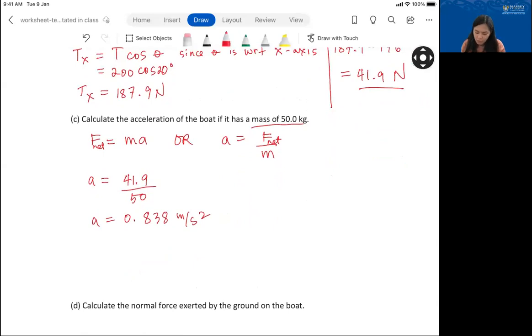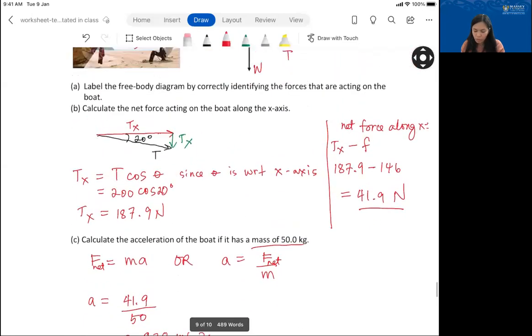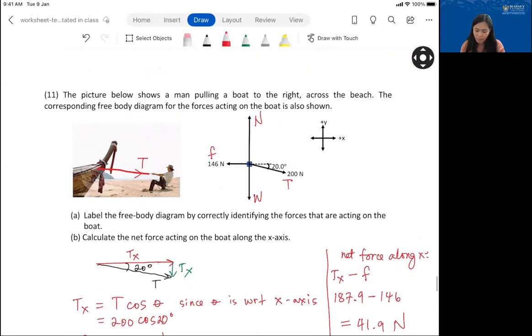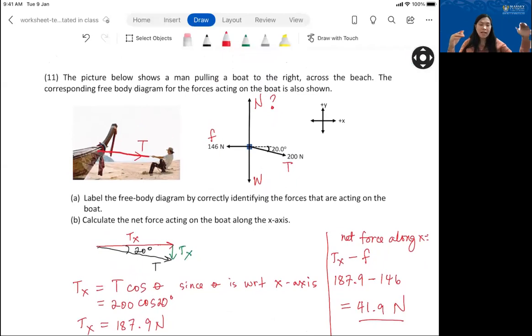Next question: calculate the normal force exerted by the ground on the boat. In our free body diagram, it's this upward vertical force that we want to find. When we're doing Newton's second law of motion with net forces, we look at one axis at a time. Like in finding the acceleration in question C, we were just looking at the x-axis, the forces along the horizontal.